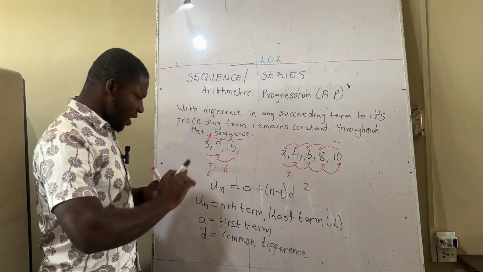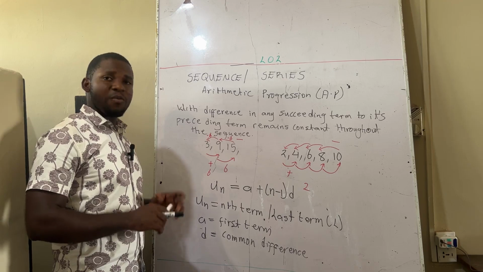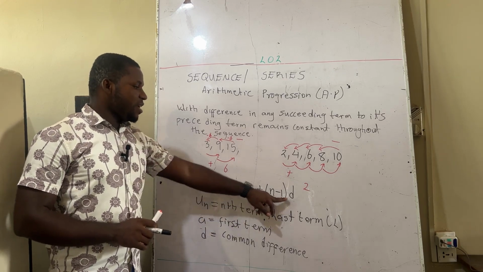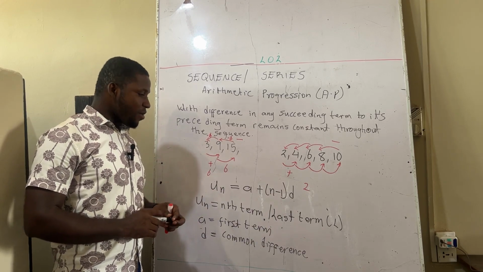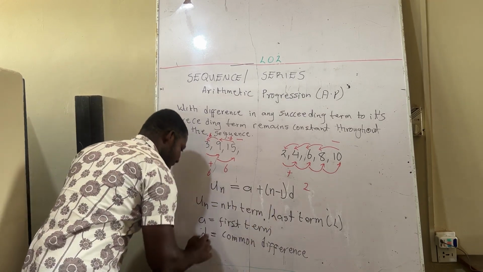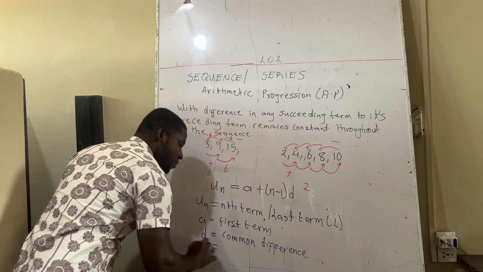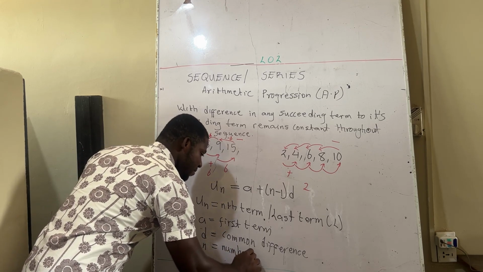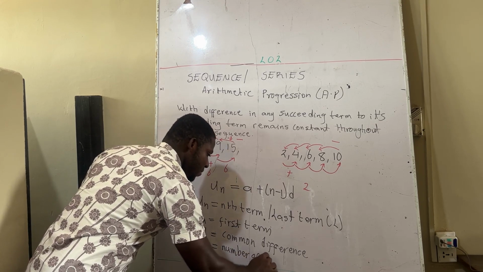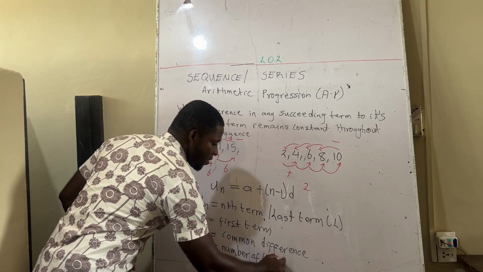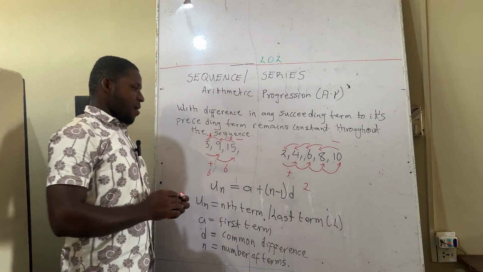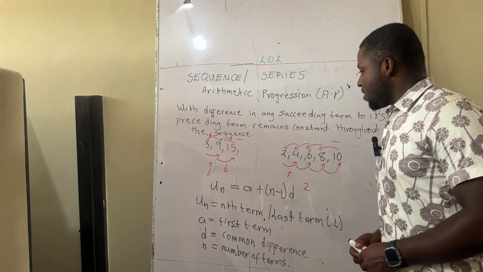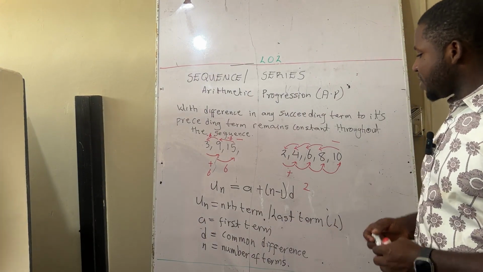Let's look at this. This is the nth term or last term. This is the first term. This is the common difference, and then we have n, which is the number of terms. So we have the first term, common difference, number of terms.